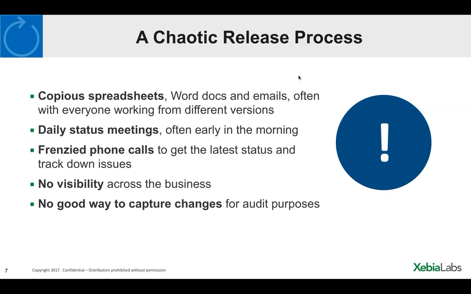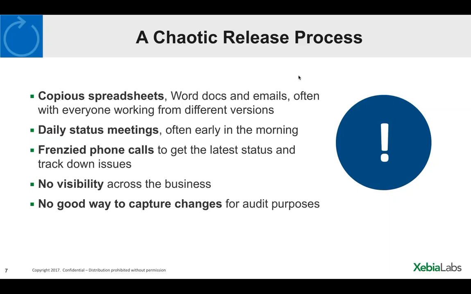Are we ready to go? Checking dependencies on releases in an informal process. We end up trying to keep ahead of the information as it changes on a regular basis through things like daily stand-up meetings, right? Hey, what's going on in the process right now? Where are you with that release? Are you holding up my release because I have a dependency on something that you're doing?